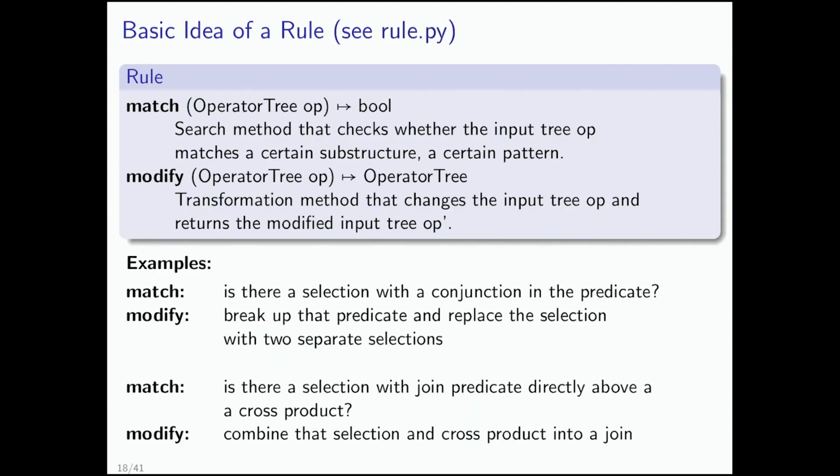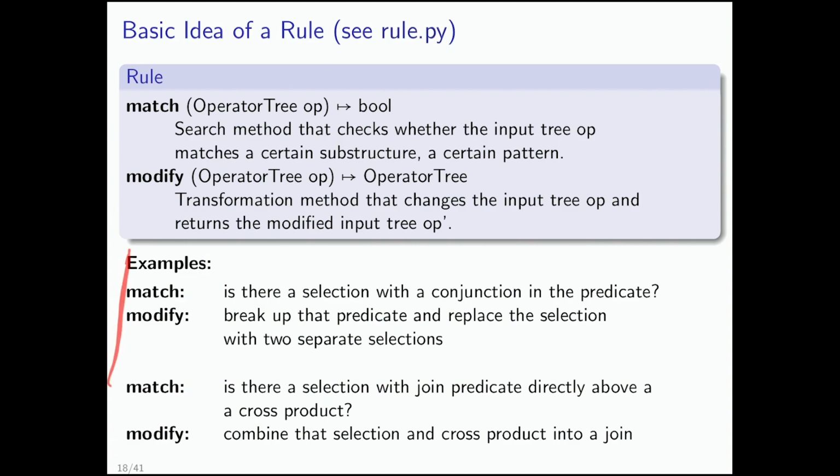So what is a rule? A rule is defined on such an operator tree or plan, as we call it. And it's basically a predicate telling me whether a specific expression that is encoded in that rule matches. So that is a search method that checks whether the input tree operator matches a certain substructure or a certain pattern.